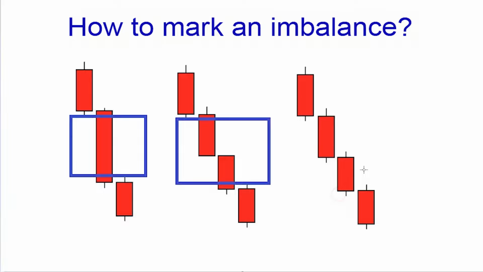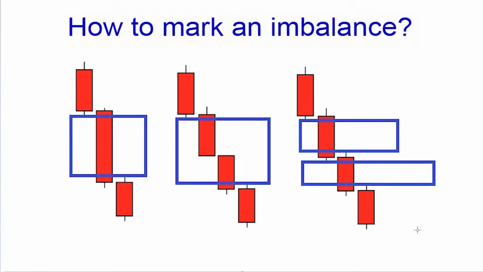Therefore, in this case, the imbalance can be marked from the extreme of the first candle to the extreme of the fourth candle. In the last example, we again have a four-candle structure, but between the second and third candles we do have wicks. For that reason, we identify two imbalances, one from the extremes of the first and third candles, and one from the extremes of the second and fourth candles.